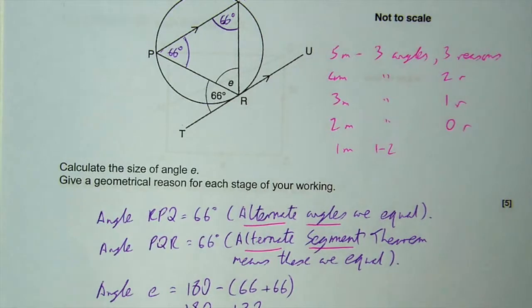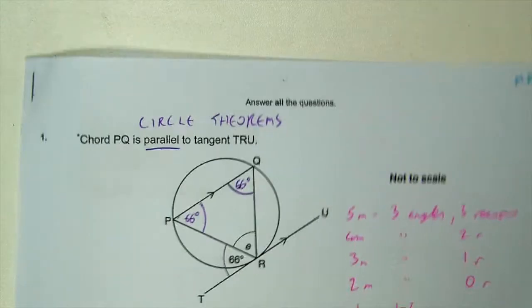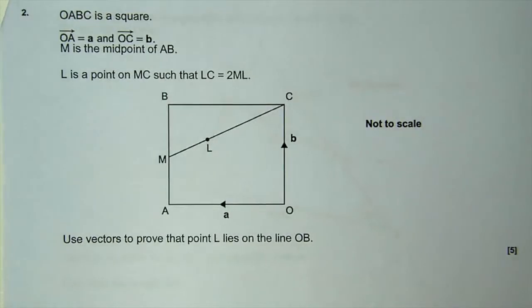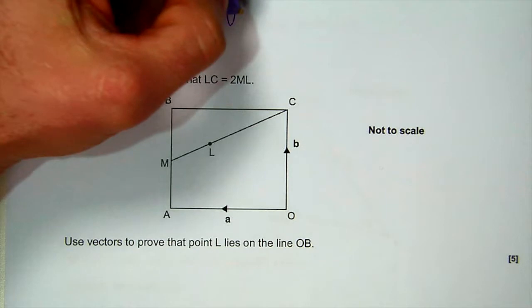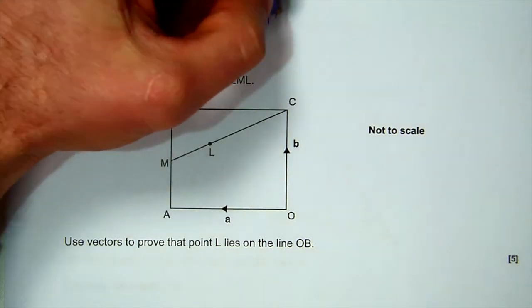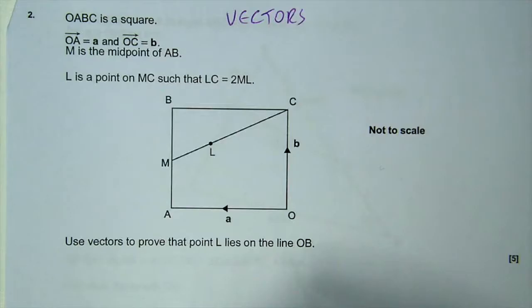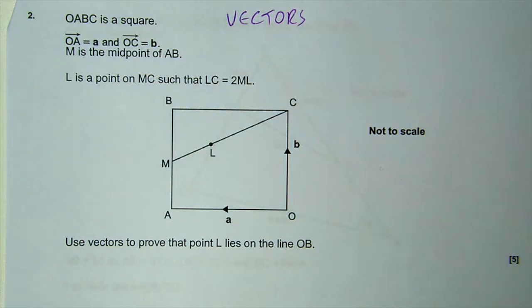Okay, we're going to move on to question 2. Now, the topic here is vectors, and this is a challenging vectors question. It's worth 5 marks. Let's look at the detail that we have.